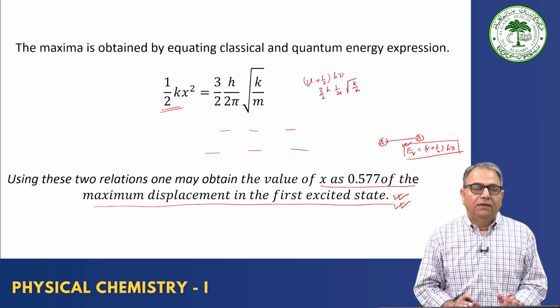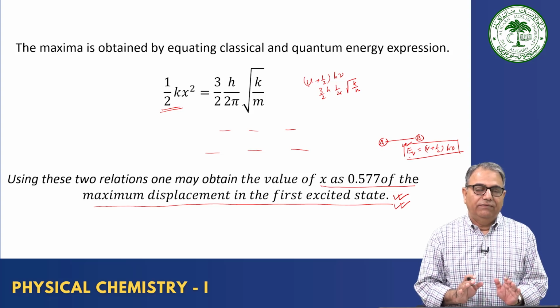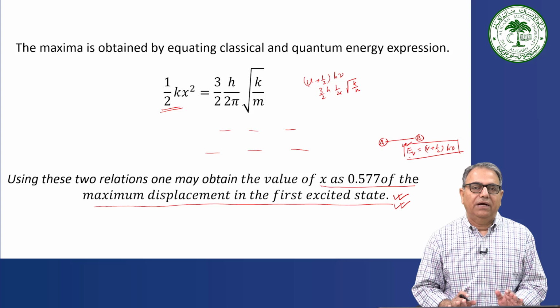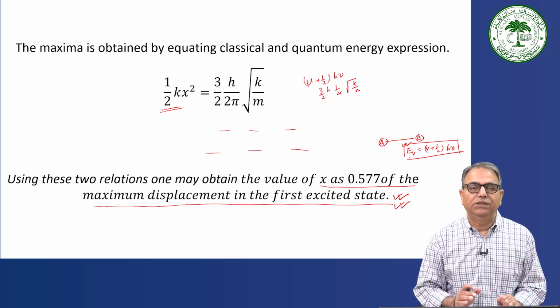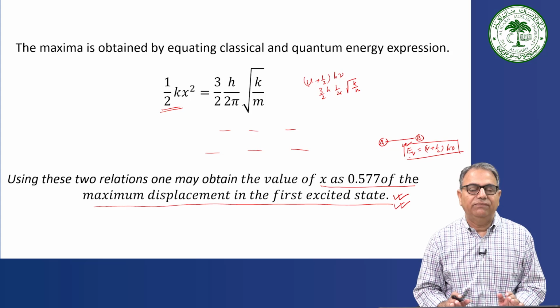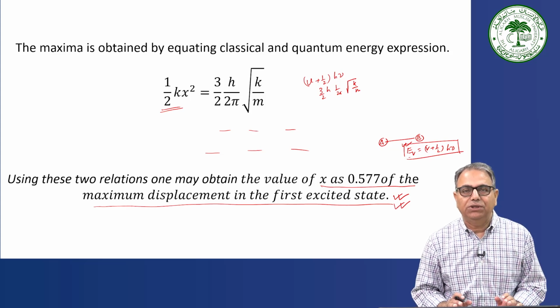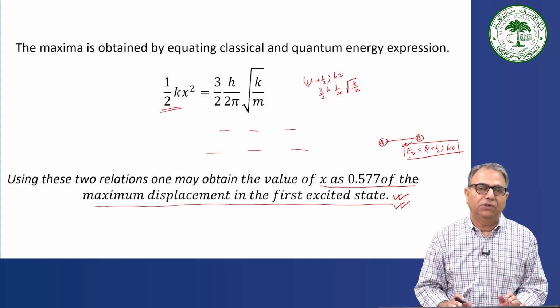Now we have talked about the simple systems, and gradually we are going to higher systems. In the next module I will talk about rigid rotors. Till now, whatever we have done is the application of the Schrodinger wave equation in Cartesian coordinates.